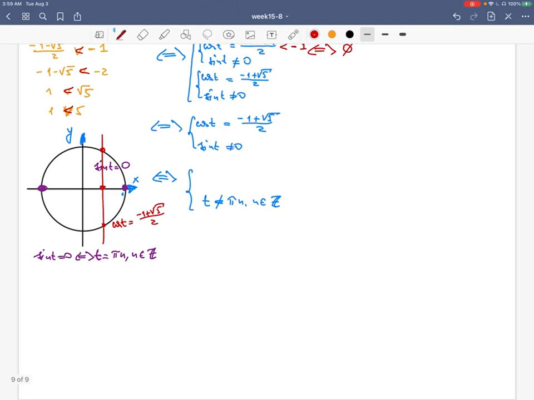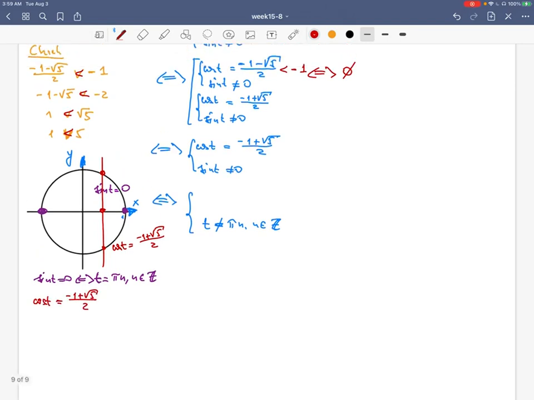And if you remember how we solve equations cosine t equals constant, cosine t equals -1 plus root 5 over 2, which is, by the way, clearly a positive number, because root 5 is more than 1.